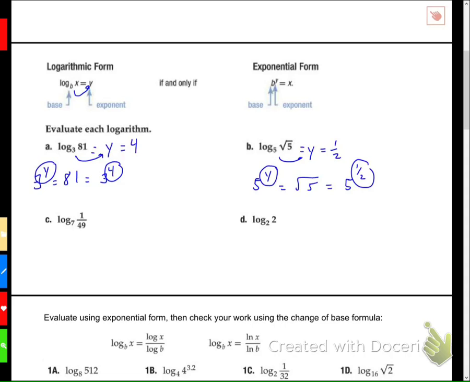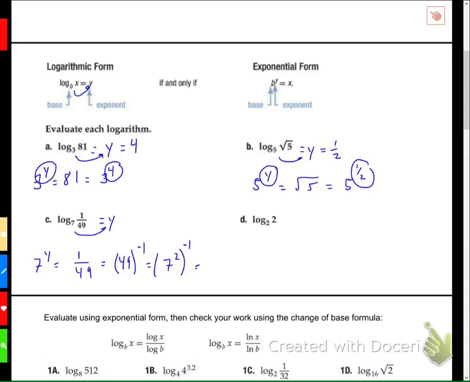For this next one, I'm going to do it in 2 steps. I'm going to say that equals y. Bring the 7 underneath it: 7 to the y is equal to 1 over 49. That's a reciprocal, so I'm going to say that's really 49 to the negative 1. Then, 49 is 7 to what power? 7 squared, and then to the negative 1.